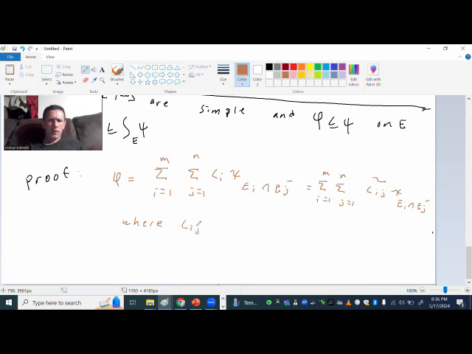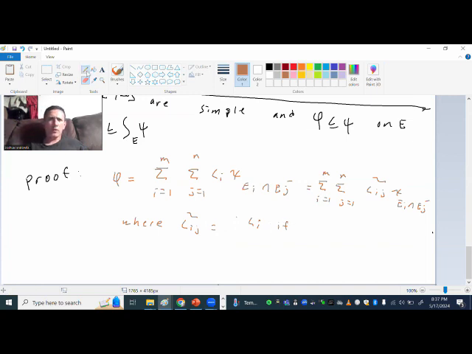So this here is simply going to be c_i. It's really independent of j, so for each j it's just c_i.